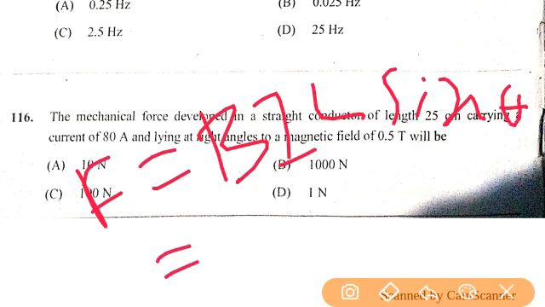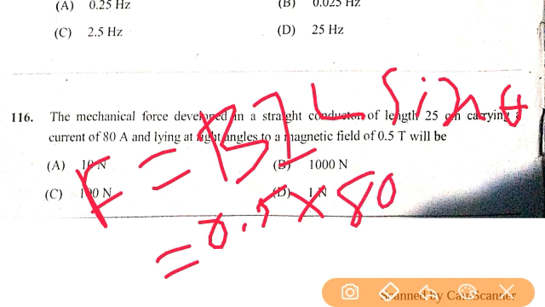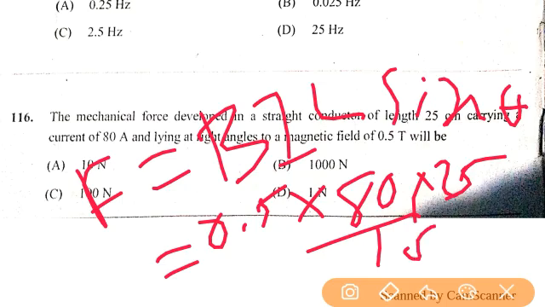So here B is 0.5 into current is 80 ampere into length is 25 by 100, that will give us the length in meter, into sin 90. Sin 90 is 1. So this will give us 100 Newton. Option C will be the correct answer.